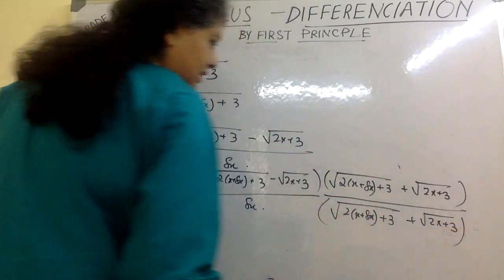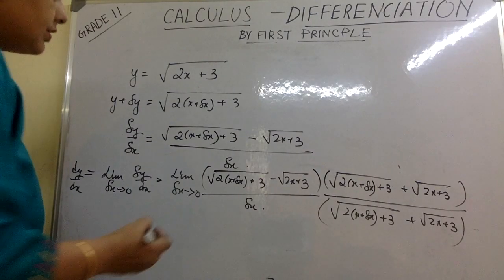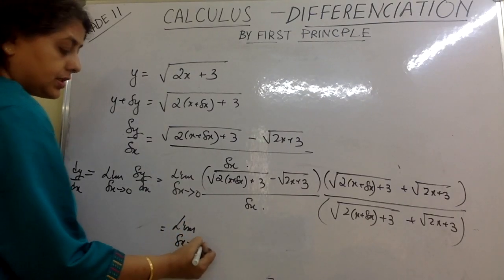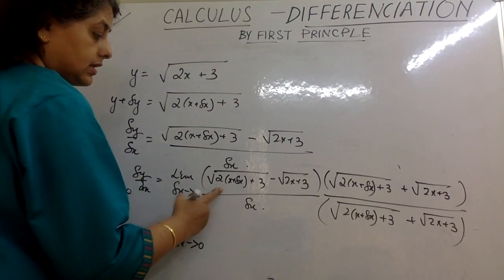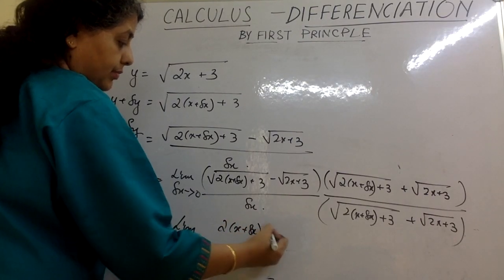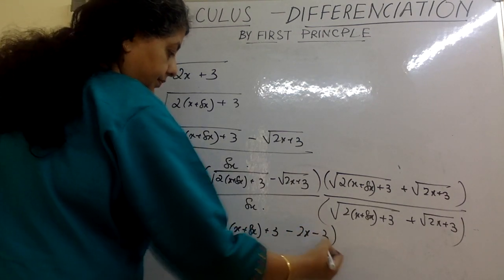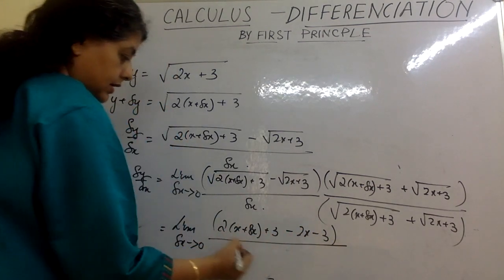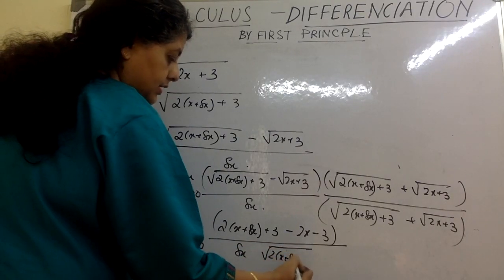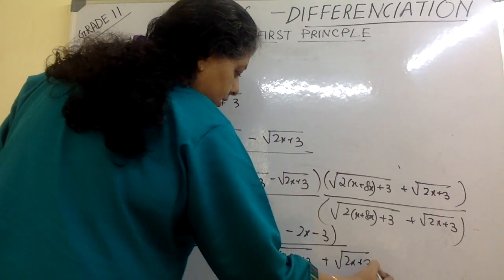Okay, so this is done. So now limit del x tends to 0, this is 2x plus del x plus 3 minus 2x minus 3, and del x times root 2x plus del x plus 3 plus root 2x plus 3.